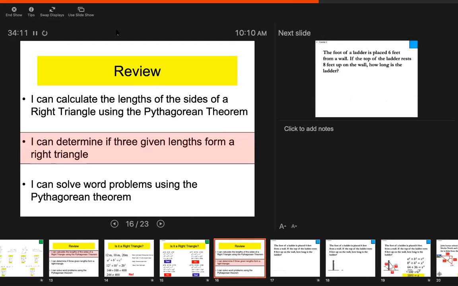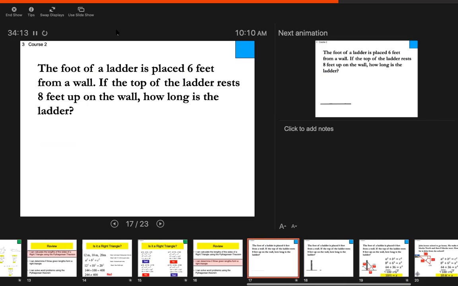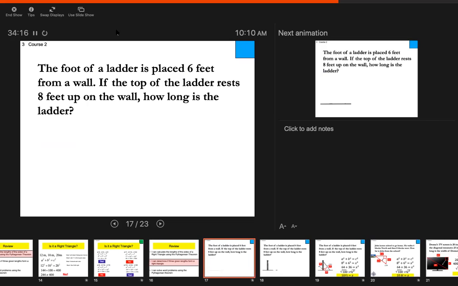All right. Last thing of the day is this. We love our word problems, especially the ones that involve the Pythagorean theorem. They only basically come in 2 flavors. This one is called the ladder problem. I have no idea why mathematicians like this problem.